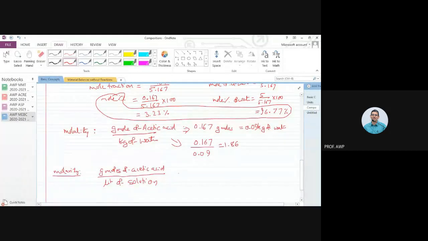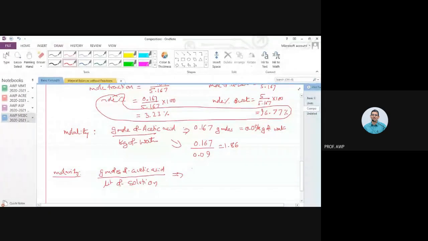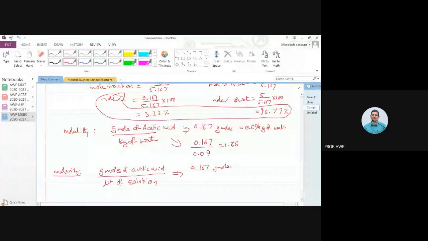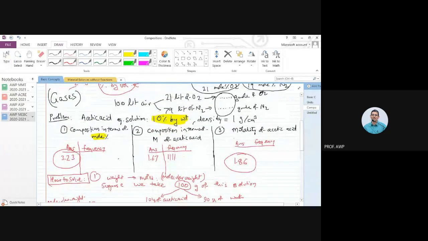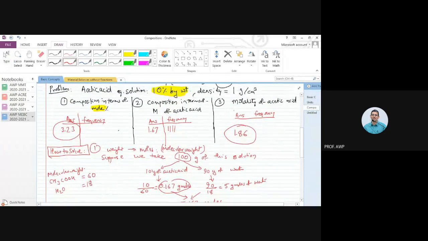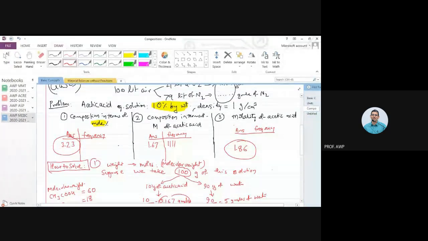How many gram moles of acetic acid are there? 0.167 gram moles are there. How many liters of solution are there? I have considered 100 grams of this solution, and density is 1 gram per cc.